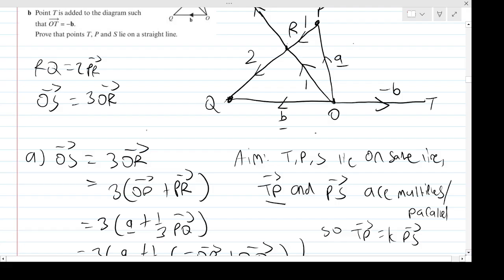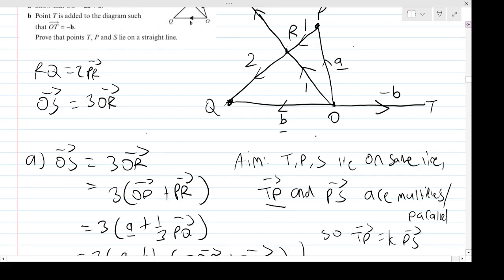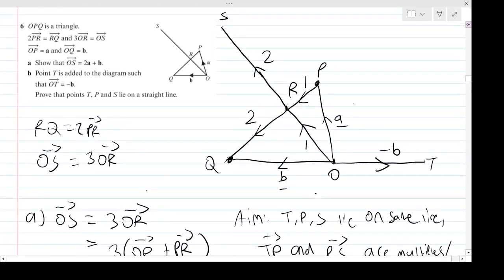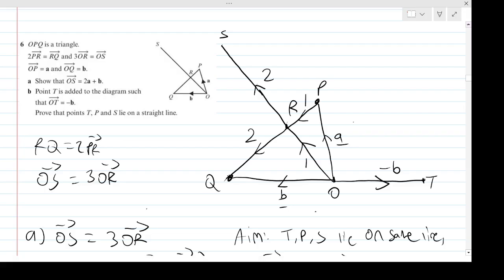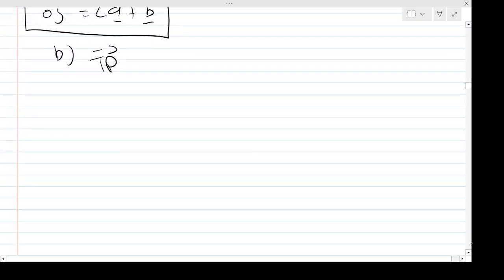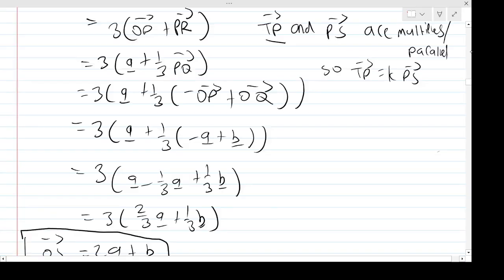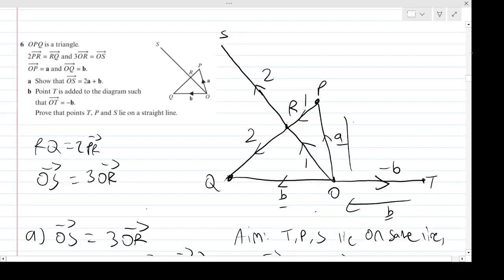Anyway, so T to P then, if we look at our diagram up here that I've drawn, if we're going to start at T and then end up at P, well, I know O to T is negative B, so if I want to go the other way, it's going to be positive B. So T to O then, first of all, and then from T to O to get to P, I need to go from O to P, right?